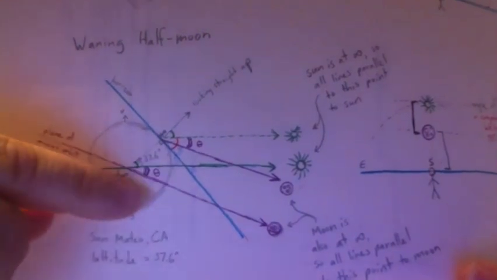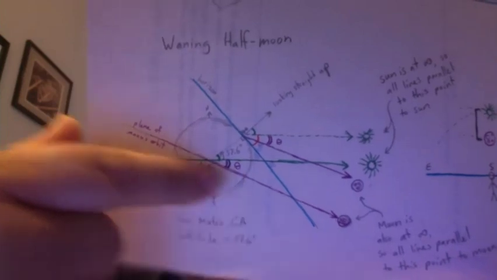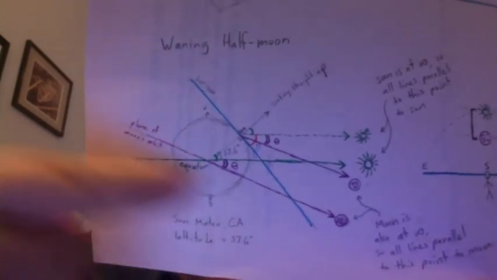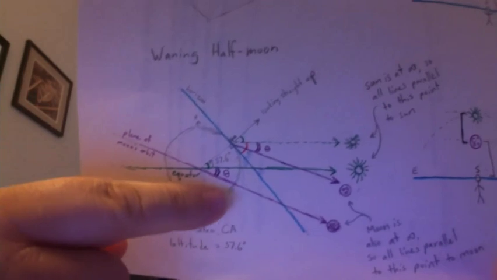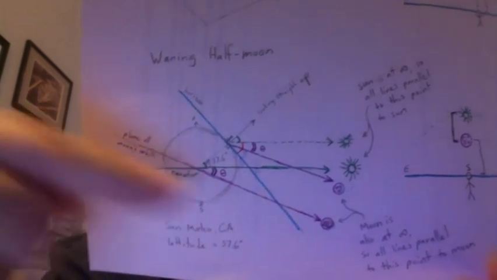Mathematicians like to use Greek letters as variables for angles, so don't panic if you don't like that. I couldn't keep writing out all the words; I had to use a variable because it was going to make too much of a mess. So I called this the Greek letter theta, the angle that the plane of the moon's orbit makes with the plane of the equator, which is the plane of the Earth's rotation.